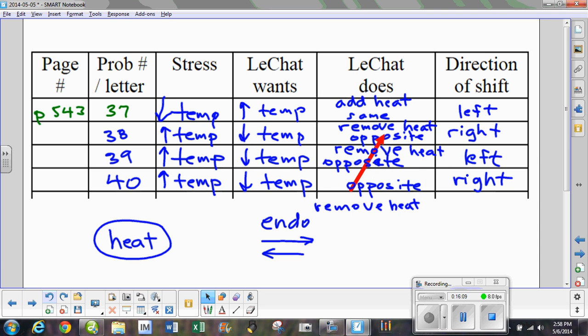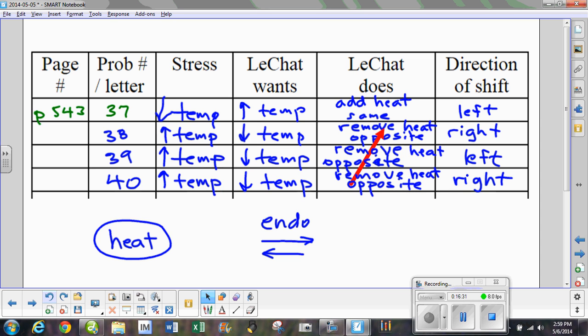Okay, here. Go back. Come on. Here. There we go. Get it out of the middle there. Okay, when the temp is going up and Le Chatelier wants to put it down, it's not necessarily going to determine whether it's a right or left shift.